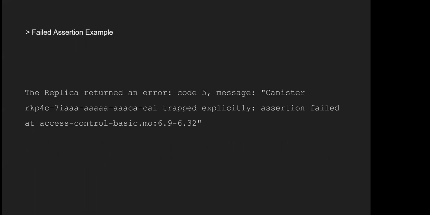So if we look at the error message that we get back from an assertion again, we can see the file and the line where the assertion occurred, which is very nice actually in cases where you have access to the source, but quite often you don't have access to the source.